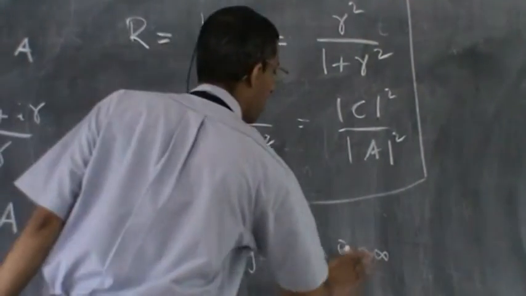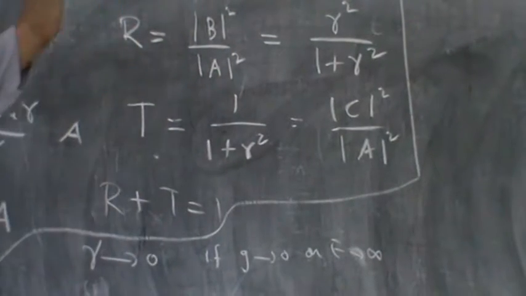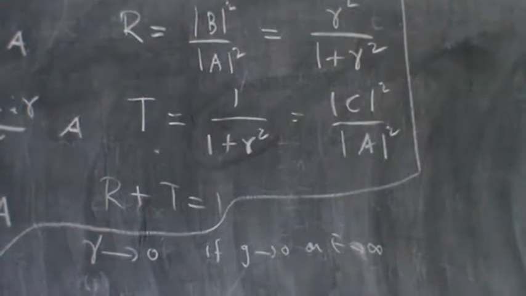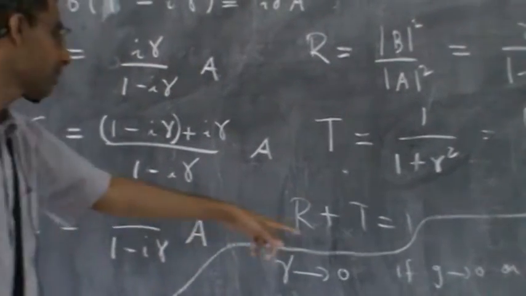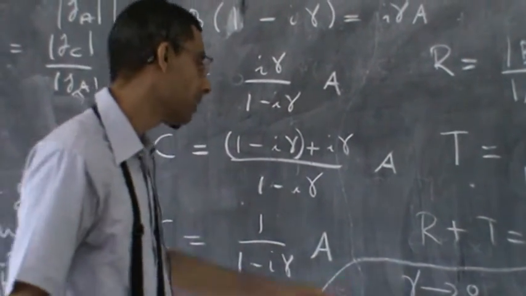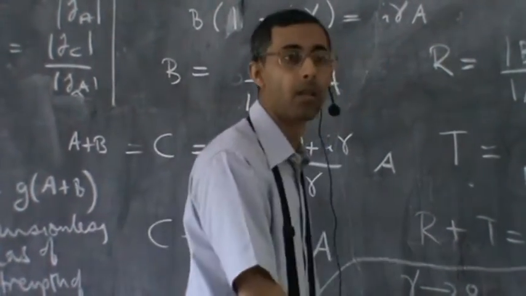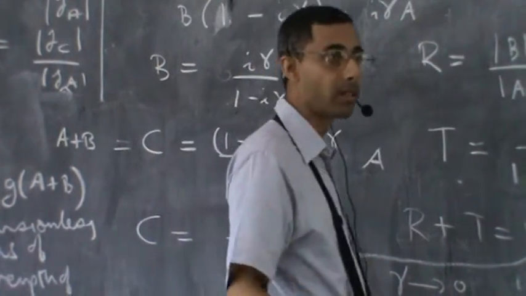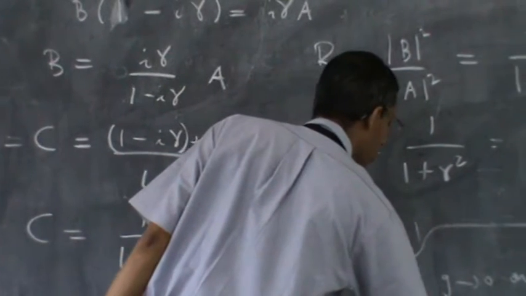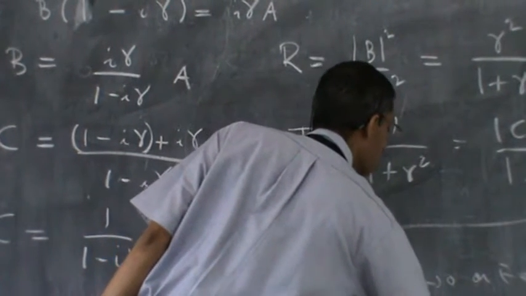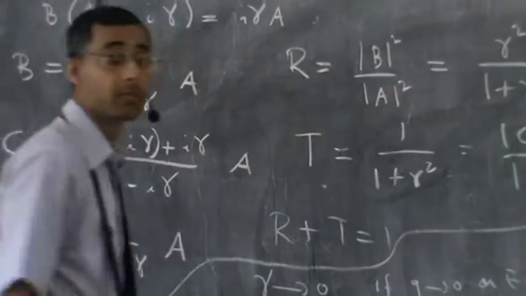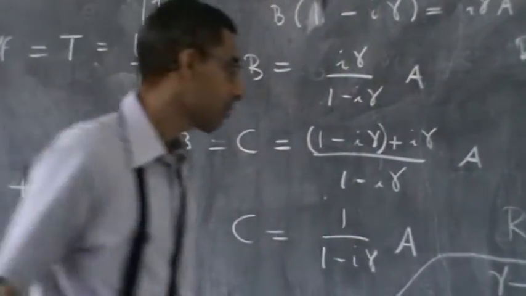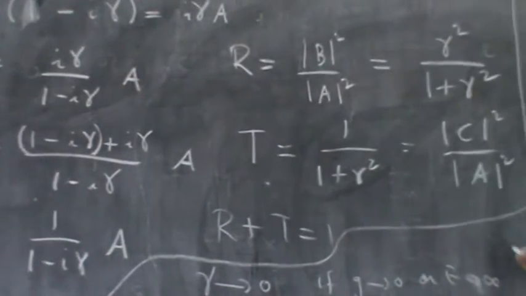High energy scattering or very weak scatterer. In both cases, gamma goes to 0. In that case, what would you expect? No reflection, full transmission. So we would expect T to go to 1 and R to go to 0 in that limit.